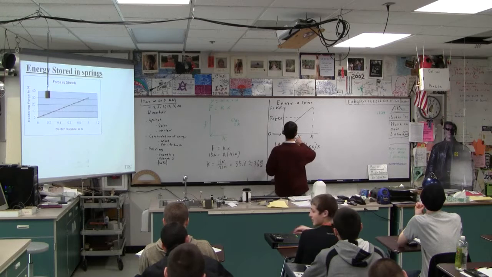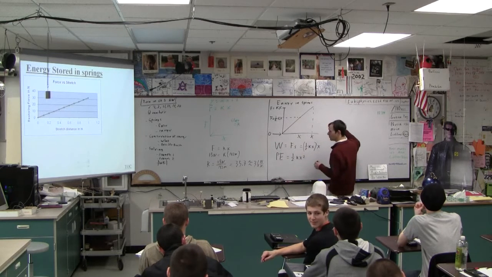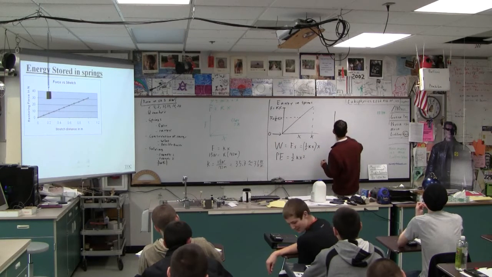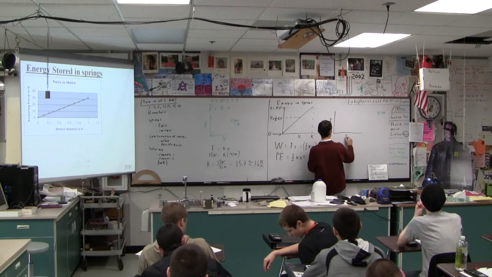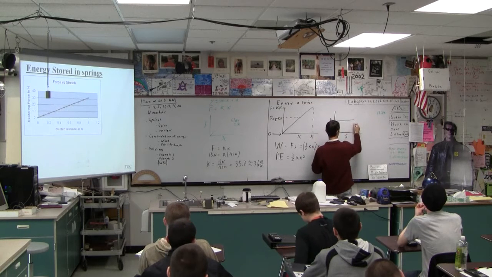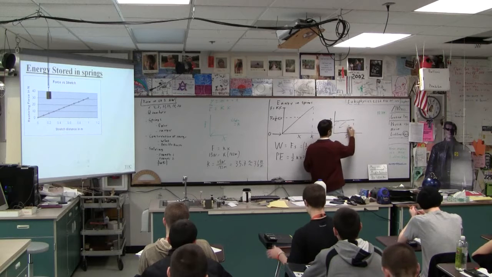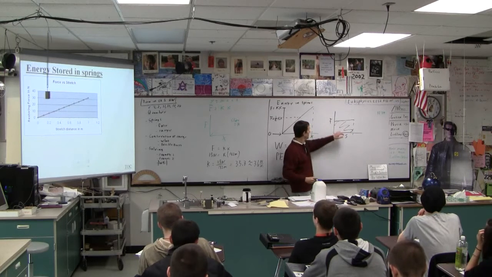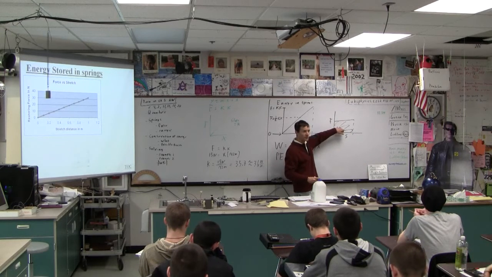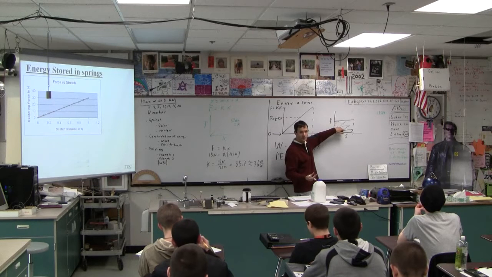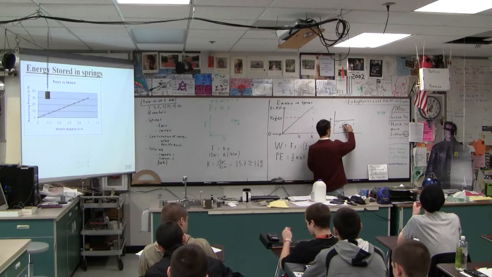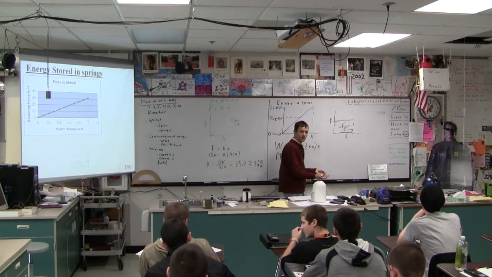But I will show you this, that in general, when you calculate work, and you have force times distance, work is always the area under a graph like this. And if the force doesn't change, it's just a rectangle, yes? And the area under is just F times S, which is what work is, okay?